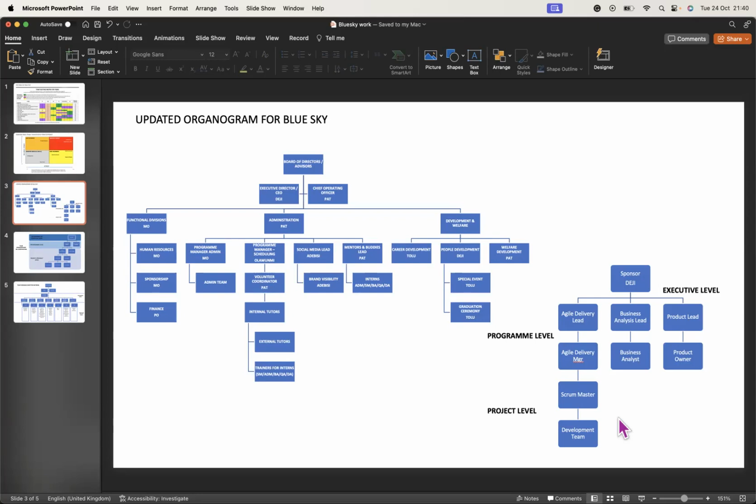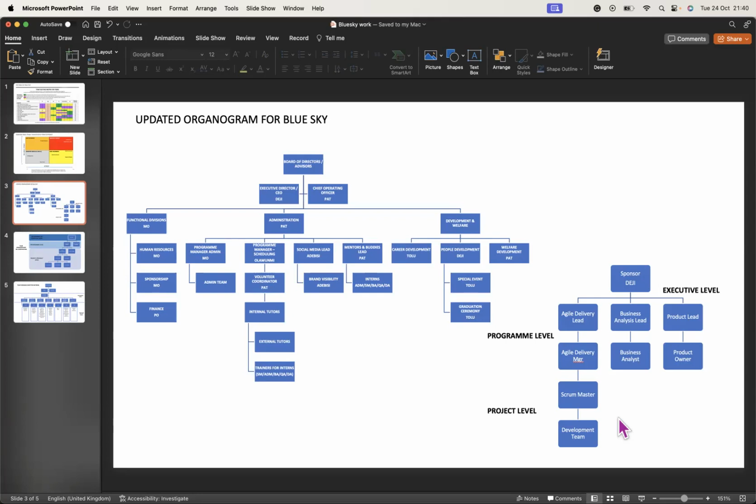Absolutely, you're making absolute sense, and I've taken time to explain this before. It varies from organization to organization. In some organizations, if it is a government organization, an agile delivery manager will be doing the responsibility of a scrum master, and you might be sitting across maybe two or three projects.